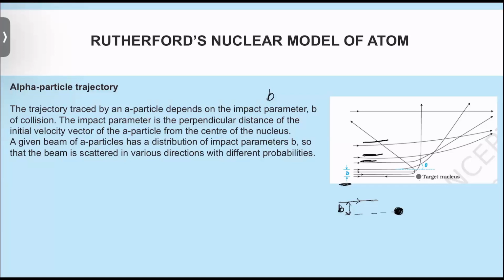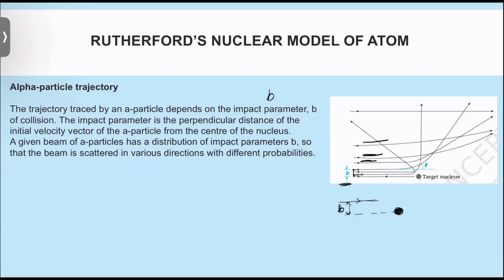The alpha particles closer to the nucleus will have a very small b, and as you move away, b increases in magnitude.